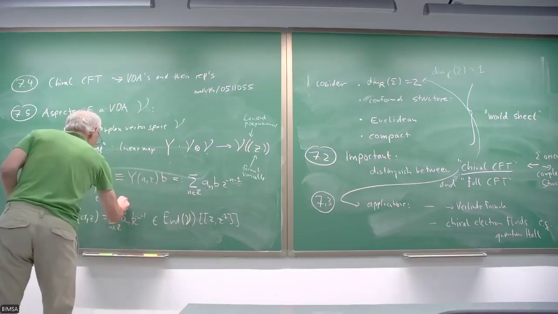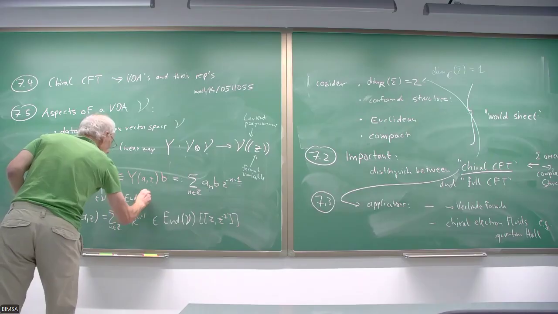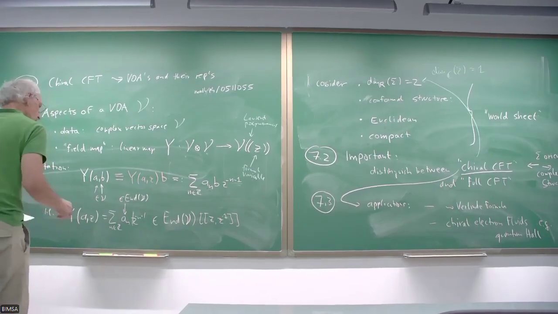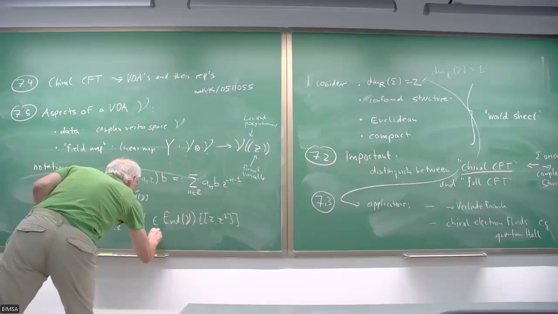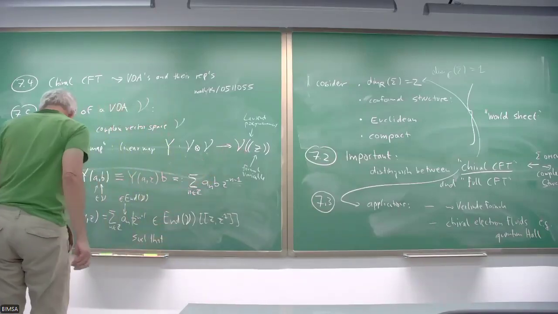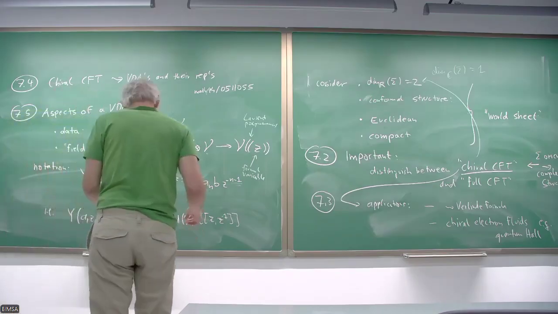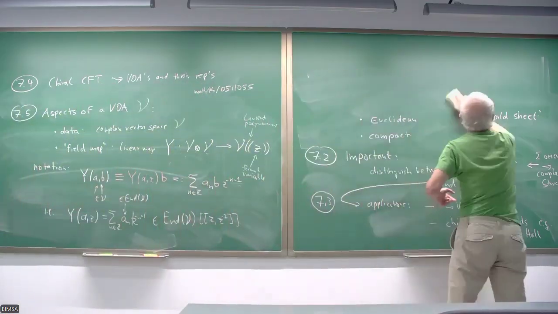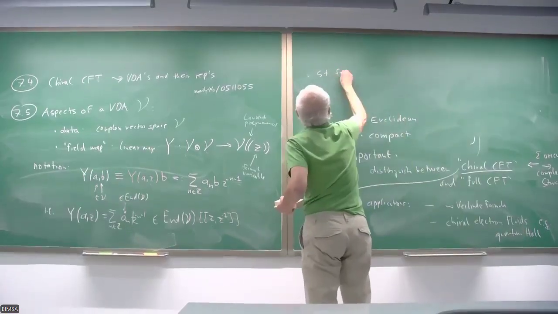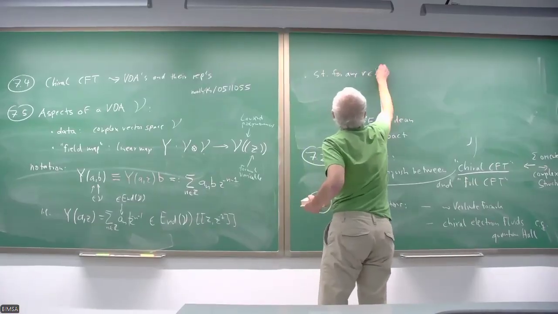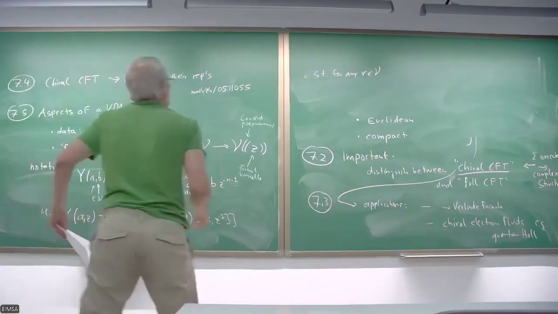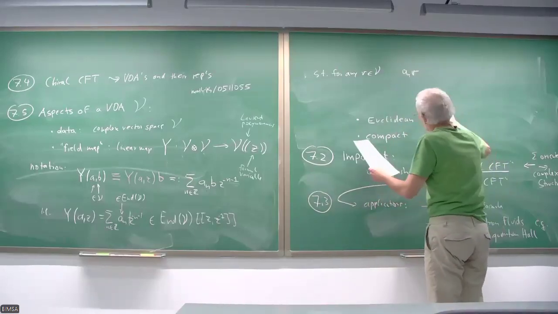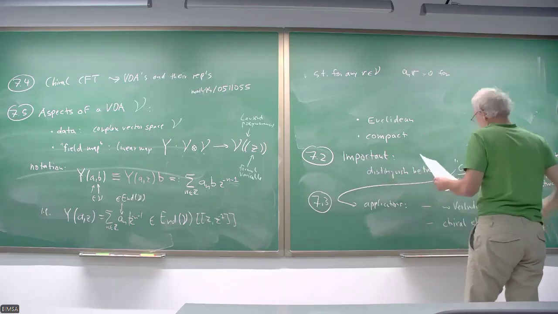Where by definition then a_n is an element of the endomorphisms of V, meaning I can apply it to an element in V, and I require, in order to be compatible with the restriction that I have here, that for any vector v in V, a_n applied to v is 0 for n sufficiently large.